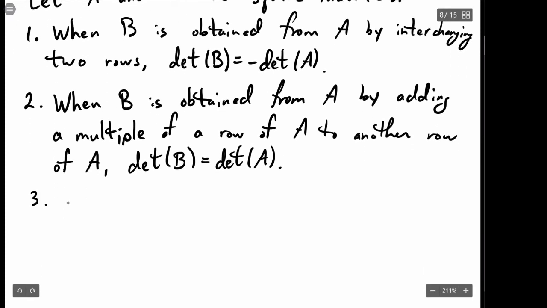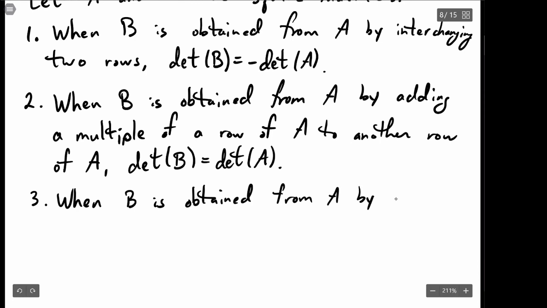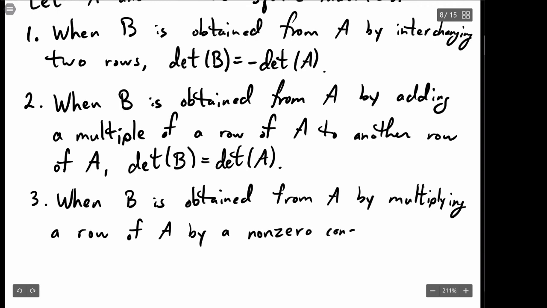And last thing, when B is obtained from A by multiplying a row of A by a non-zero constant c.